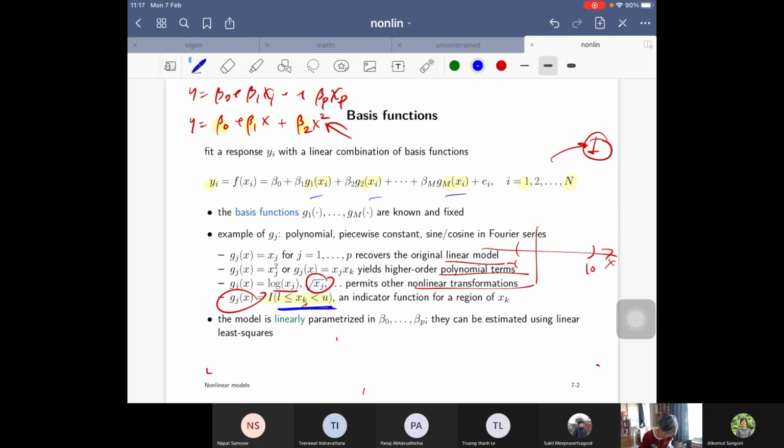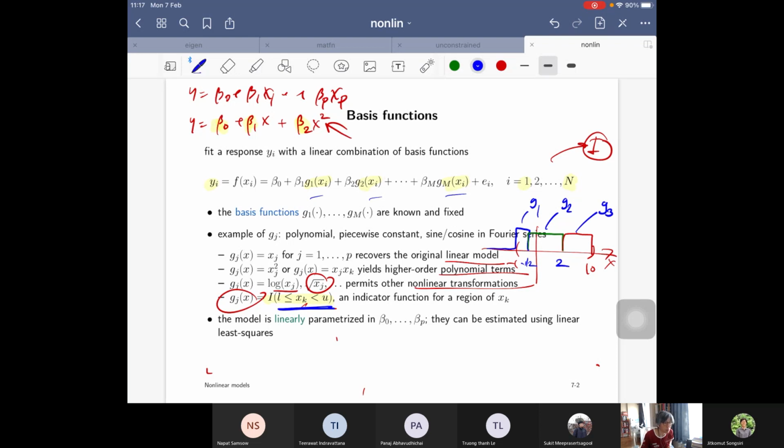For example, this is the first indicator function, the green, and the last is the red one. Suppose I put the marks down at -1, -1/2, and then 2, for example. So this is my g1, this is my g2, this is my g3.